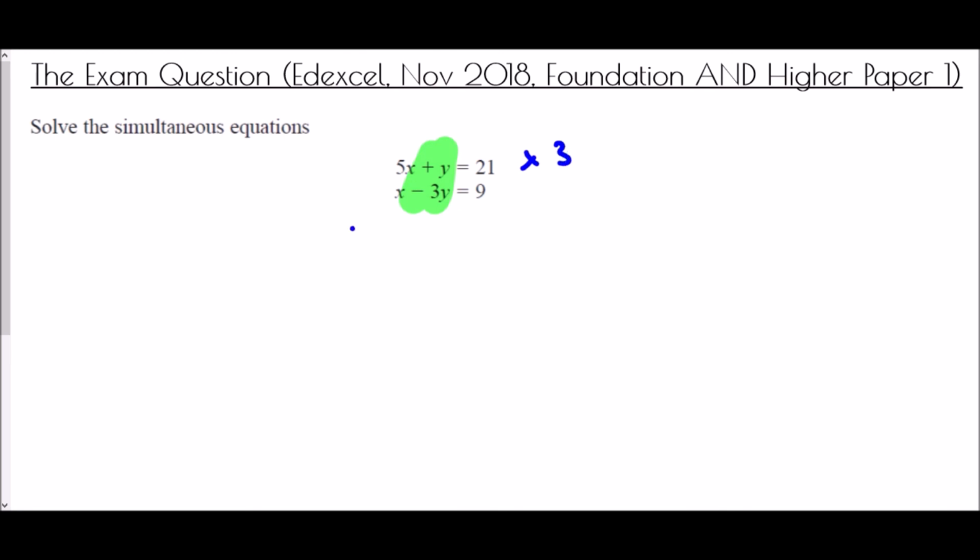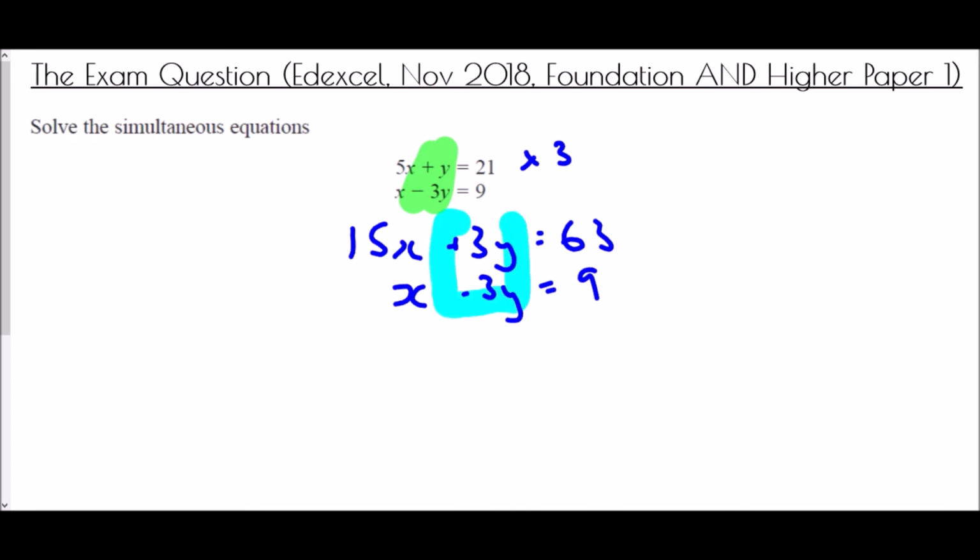So let's do that. 15x plus 3y equals 63. The second equation already has 3y, so I'm going to leave that exactly as it was. x take away 3y equals 9. And because we are dealing with the y's, which have different signs, I'm going to add.